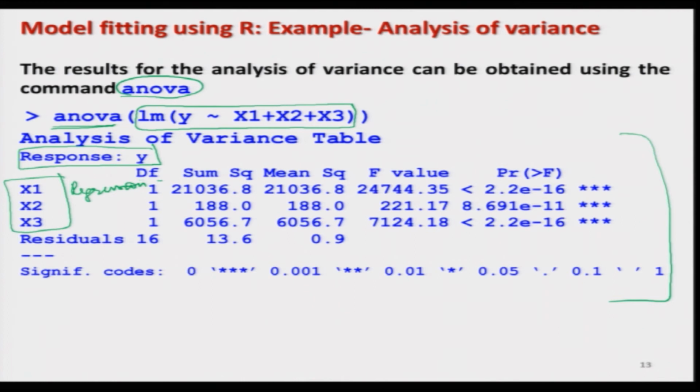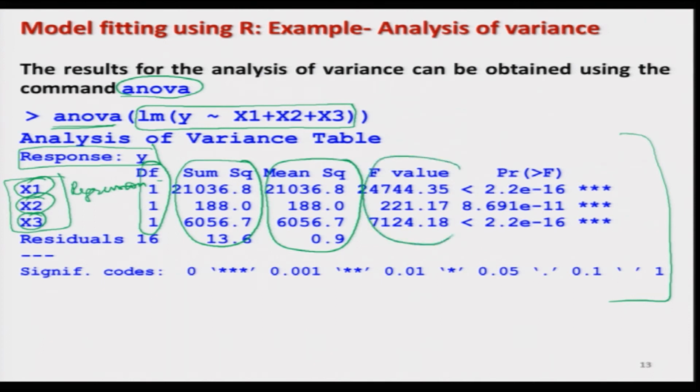So, it has been partitioned into sum of square due to x1, sum of square due to x2, and sum of square due to x3. And then these are the corresponding degrees of freedom, the corresponding sum of squares, the corresponding mean squares, the corresponding F values, and the corresponding p values.